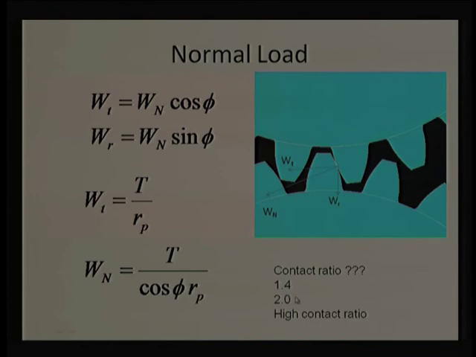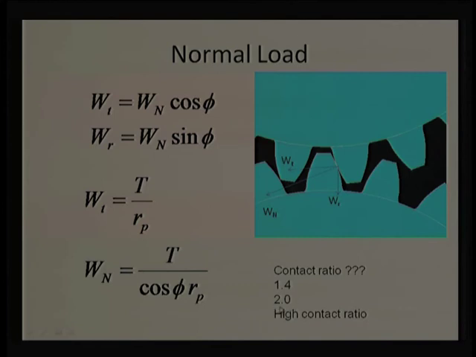So, assume the lowest value should be 1.4; whenever we design it should be more than 1.4. When we talk about helical gears, the contact ratio is generally on the higher side, that is 2.0. That is the reason why helical gears work smoothly compared to spur gears. The engagement is gradual, and most of the time two pairs are sharing the load, and that is an advantage.